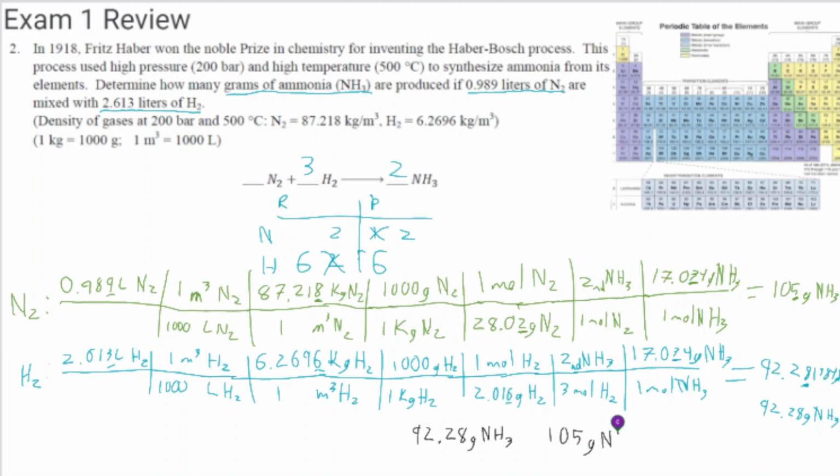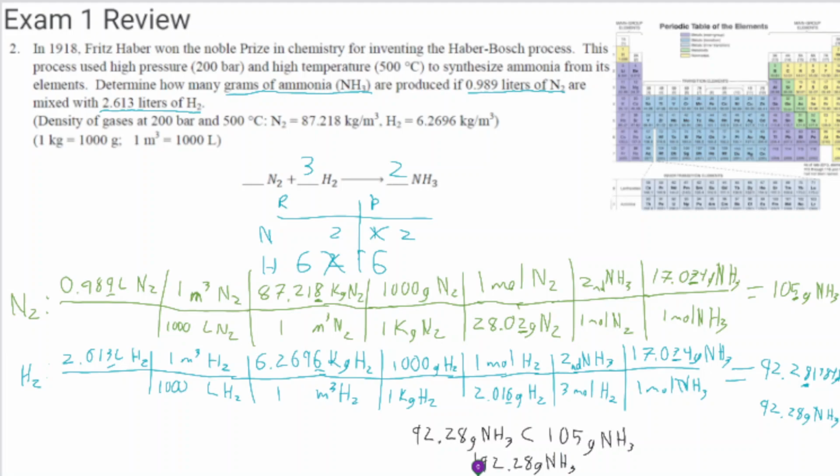We need to determine if it's less than, equal to, or greater than. And since 92.28 is less than 105, we are going to choose the lesser of the two. And so our answer is going to be 92.28 grams of NH3.